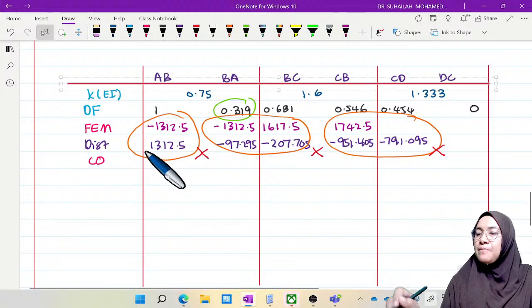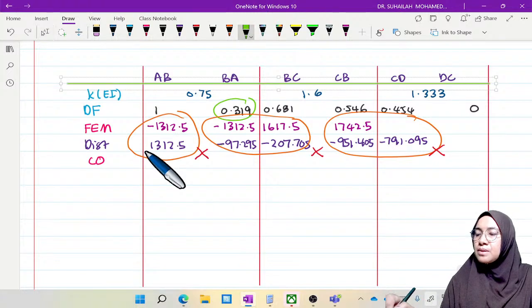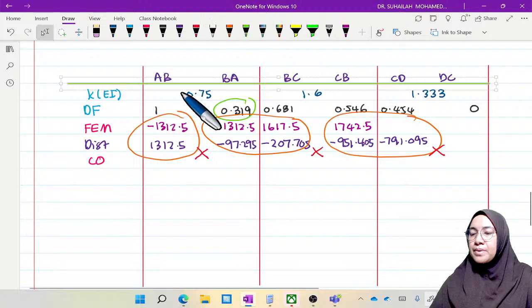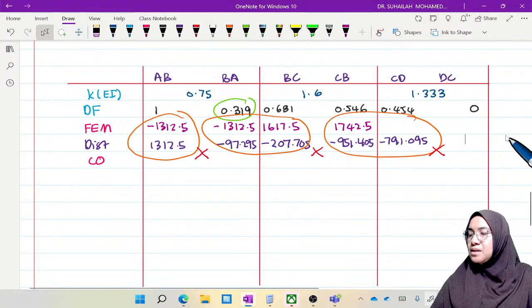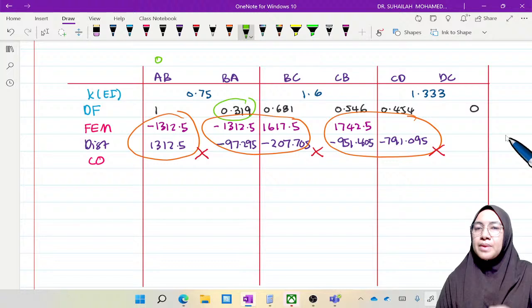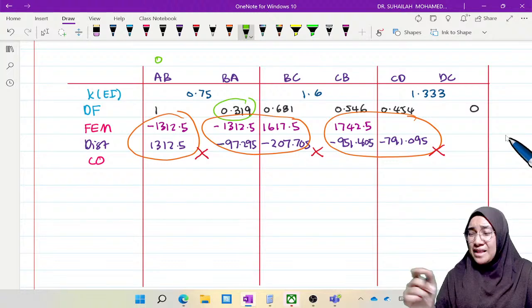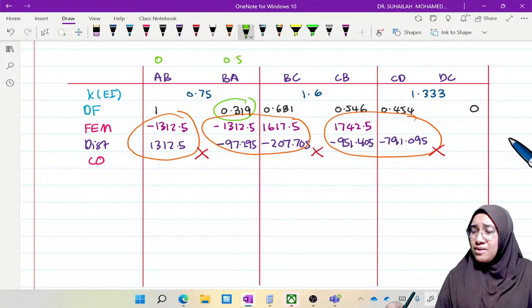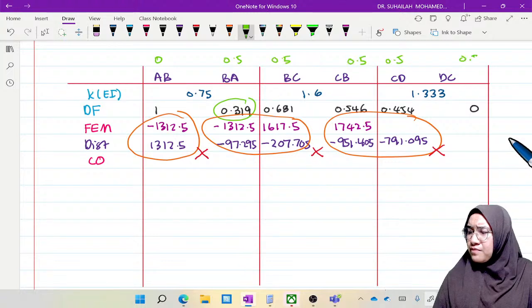The factor for AB is 0. The factor for BA is 0.5. BC is also 0.5. This is 0.5, this is 0.5, this is 0.5.